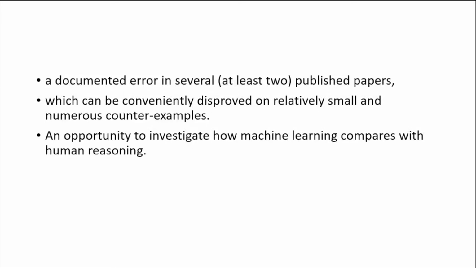And what we wanted to establish is whether when we teach the computer to classify Gauss diagrams as realizable or not realizable, the computer will make mistakes on exactly those counterexamples which human mathematicians have overlooked in their papers.